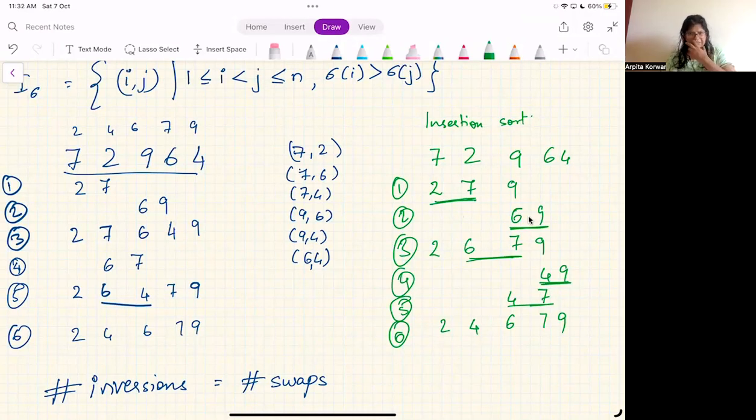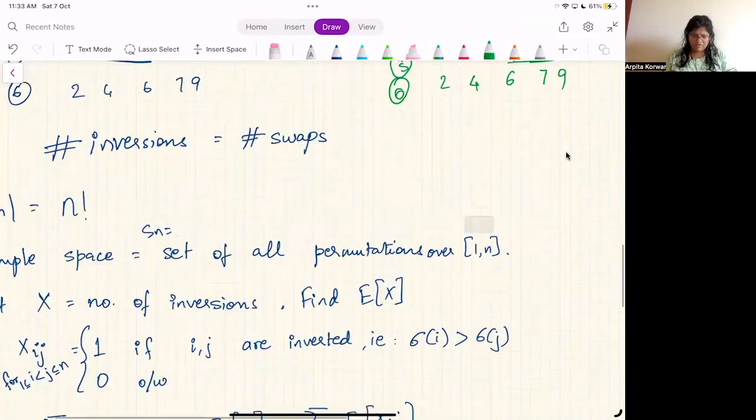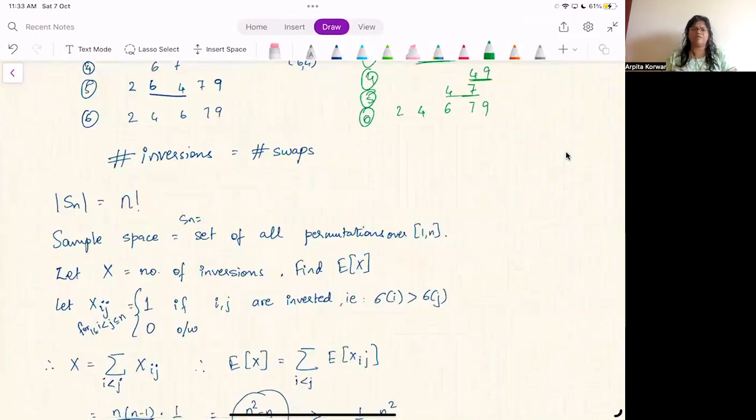Only one inversion we have set right. Similarly, 9 also, its relation with the others does not change. So the number of swaps is equal to the number of inversions. And then the argument will be the same. So you write this argument on your own.